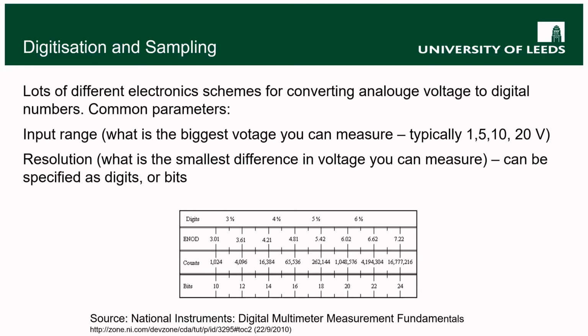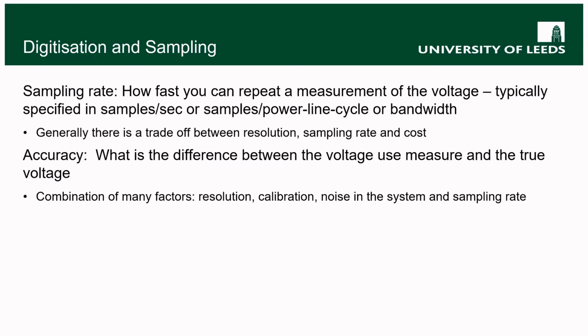Quite a lot of measurements also work on 16 bits, which you can see is around 5 digits worth of precision. And then very high-end instrumentation will use 24-bit digitization. So in other words, that's getting 7.5, heading towards 8 digits of information. So those are the sort of numbers we talk about.